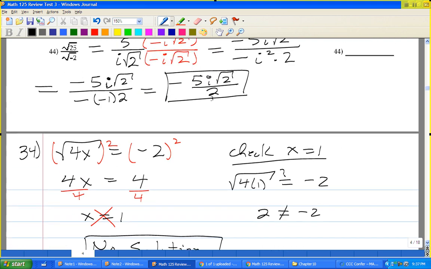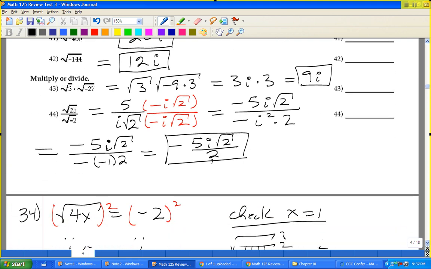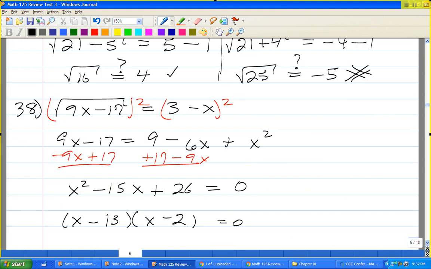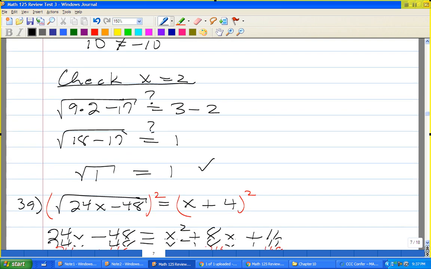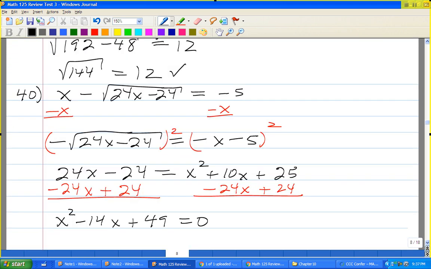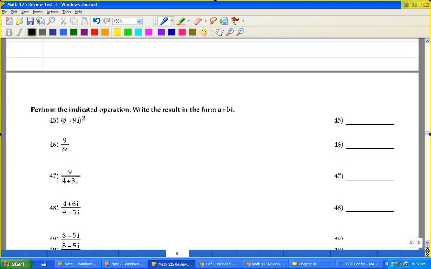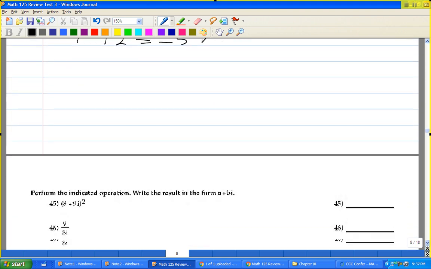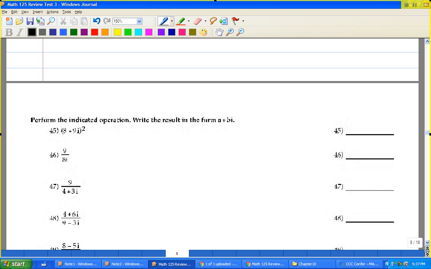Let me do problem number 45, which is probably several pages down now with all those radical equations that I did. Okay, there it is. Problem 45. So I have a little bit of room at the top. Perform the indicated operations, write the results in standard form, a plus bi.